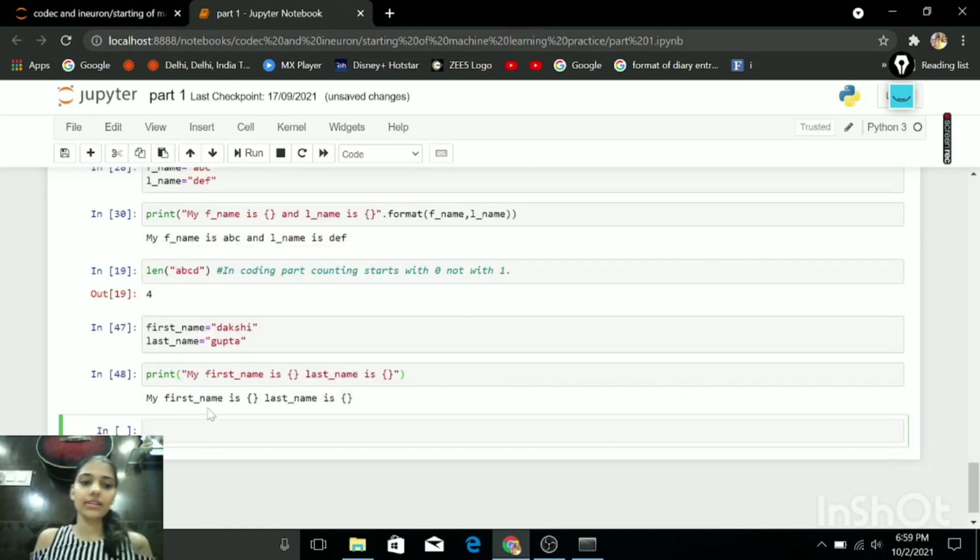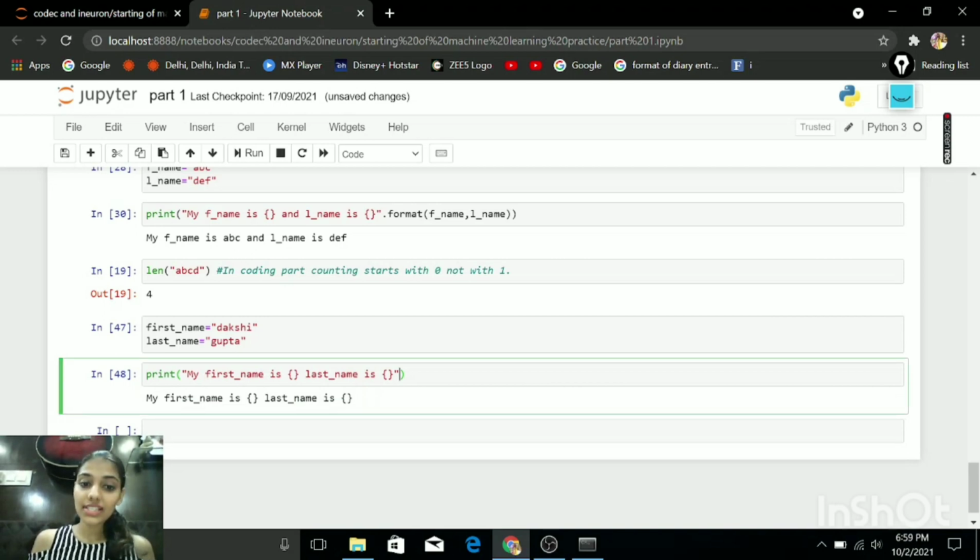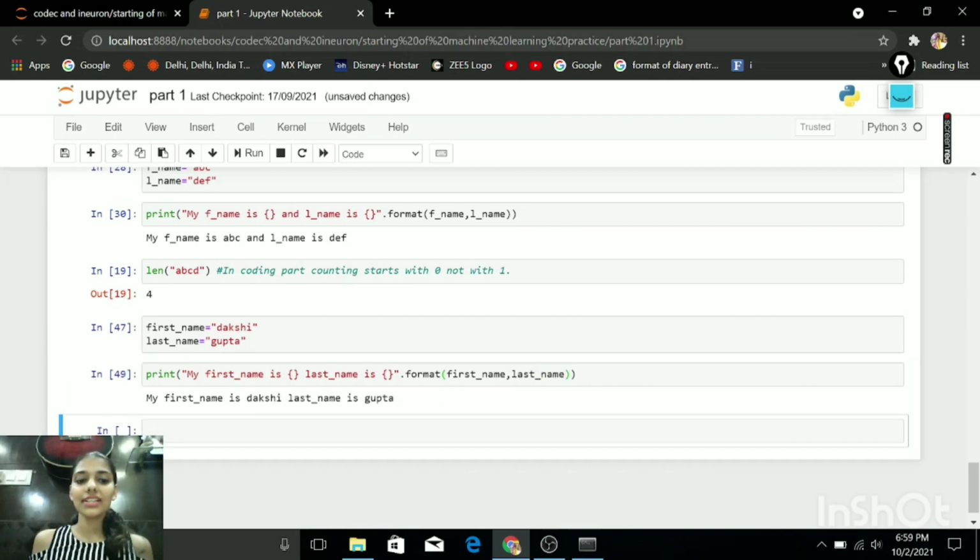If I run this, it shows my first name is this and my last name is this, but where are Dakshi and Gupta? So for this, let's add dot format, and first name, then last name. My first name is Dakshi, last name is Gupta. What is this? I made some mistake. So my first name is Dakshi and last name is Gupta.